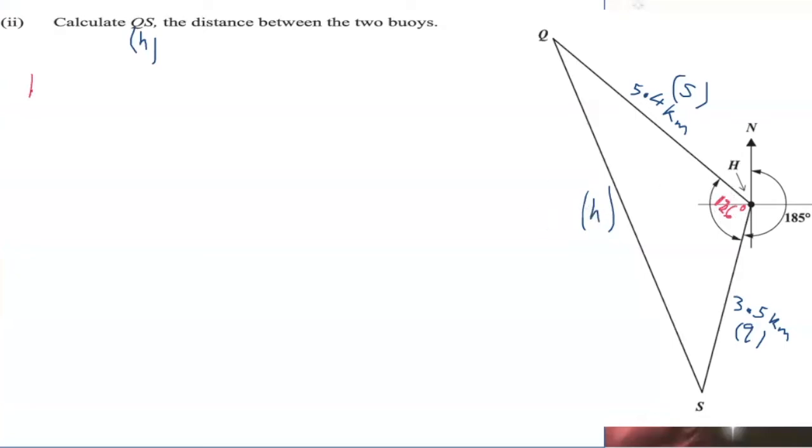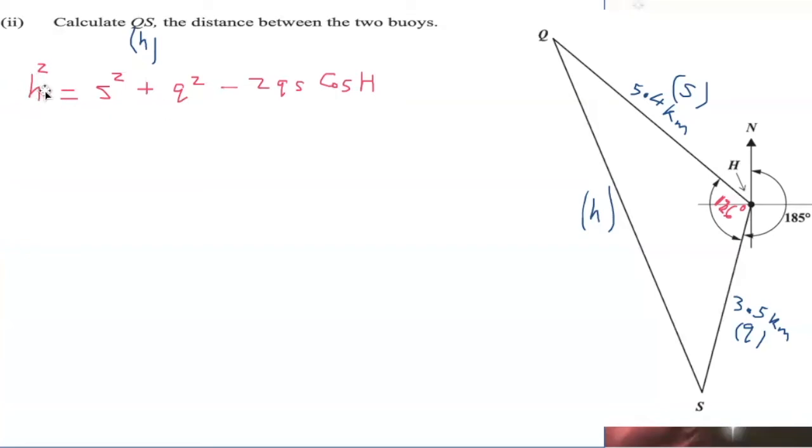So the cosine rule will be h squared is equal to, now you are going to have the two sides being squared, so it's going to be s squared plus q squared. So I have s squared plus q squared minus 2qs and cos of the angle that we have present, which is capital H. So that's how we derive our cosine rule.